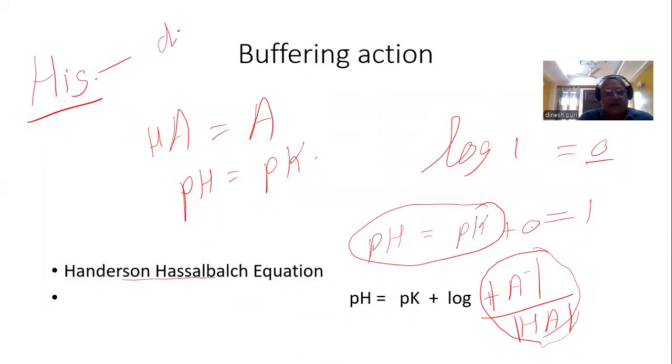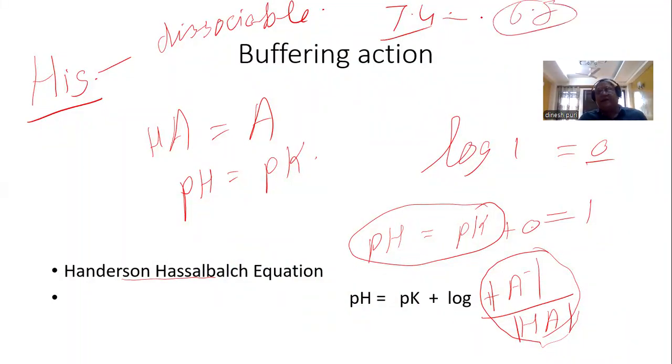It is a dissociable group. And pK of the dissociable imidazole group is somewhere near 7.4. Actually, it is 6.8 something, but it is quite near to physiological pH.